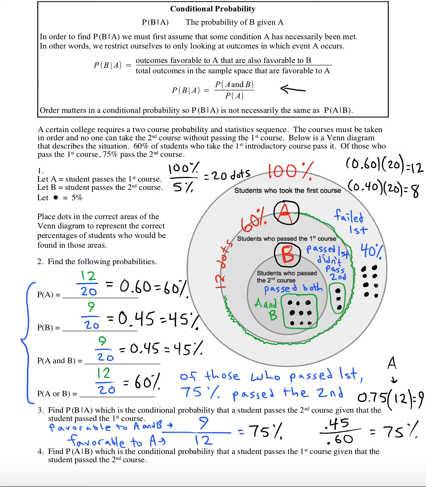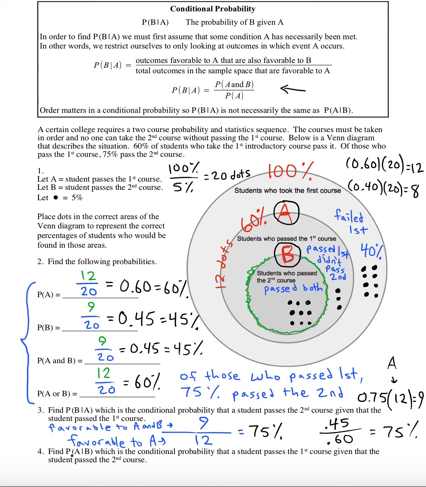All right, what if we reverse it? Does the order matter? Can we find the probability of A given B? It turns out order does matter. So this time, we're not going to restrict ourselves to just looking at bubble A. In this case, we are going to look at only bubble B. Because the second part of the conditional probability is the condition, is the restriction.